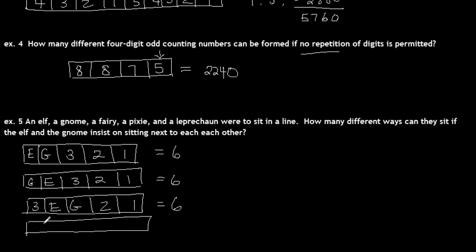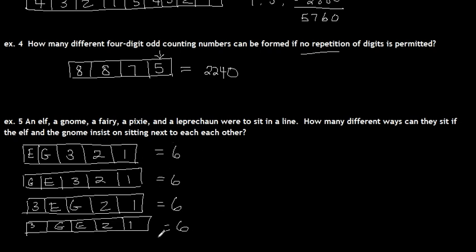So what we're really finding out is how many different places the elf and gnome could be. We could have the gnome, elf, and then 3, 2, 1. So far we have 4 of them, and you can see we could also put the elf and the gnome here, then switch them, elf and gnome here, and then here, and then switch them here.